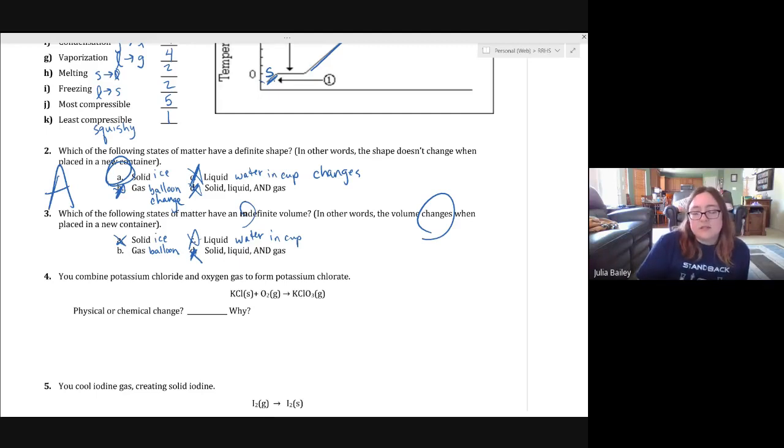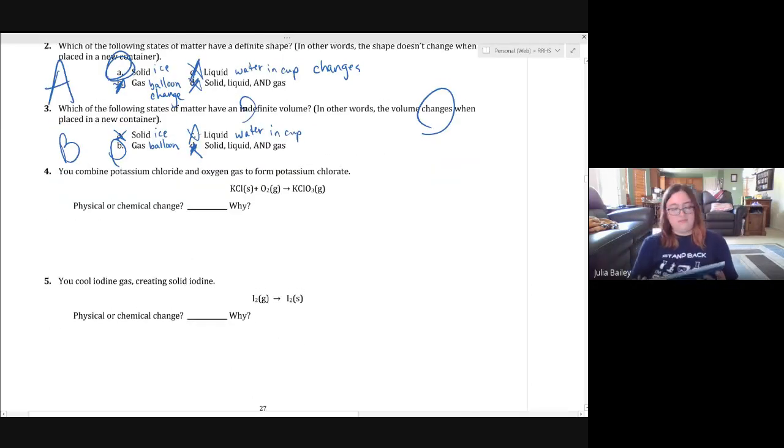And that's because gases change their size to fit whatever container they're in. So the gas compresses to fit inside my lungs, and it expands to fill the balloon. That's an indefinite volume, it changes. So gases have an indefinite volume.